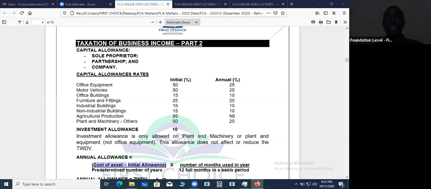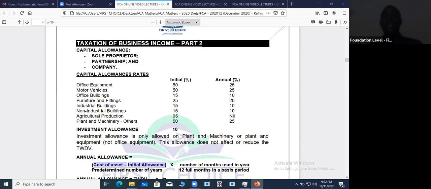Now what it means is that if you are going to use that car for 4 years, it means for every year from the remaining 12 million, you'll be taking 3 million. 3 million each year until the 4 years complete. That is the annual allowance.